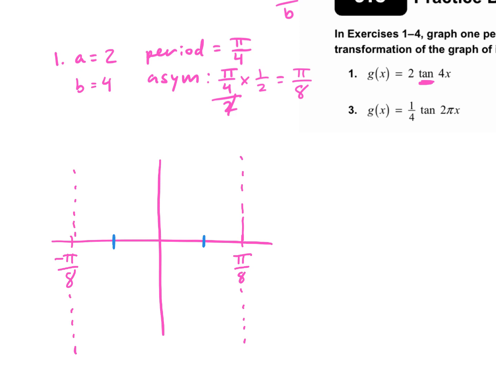So how do we find what our key points are? Take the asymptote and divide it by 2. So pi over 8 divided by 2. Keep change flip. So pi over 16. So we go to the right pi over 16 and to the left to negative pi over 16. And then how far up and down do we go?